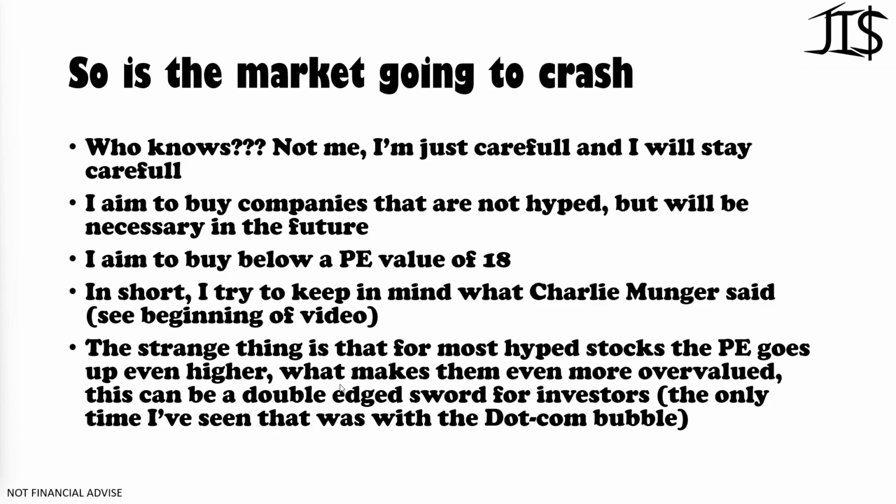And this can be really a double-edged sword for investors. If they are not careful and something goes wrong, their numbers don't stack up the next quarter or something like that, the prices are going to tumble down very fast. And sadly enough, they will drag the rest of the market with them.